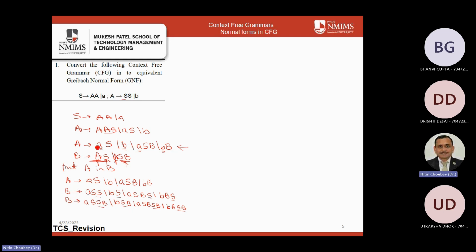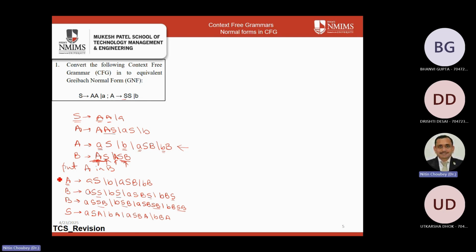Now after doing this, we have left only S which is not in GNF. So S gives GNF, that means what exactly? Substitute this A with that of productions of A. Ultimately, we will have AS from this A followed by this A. Next BA, next ASBA, next BBA.